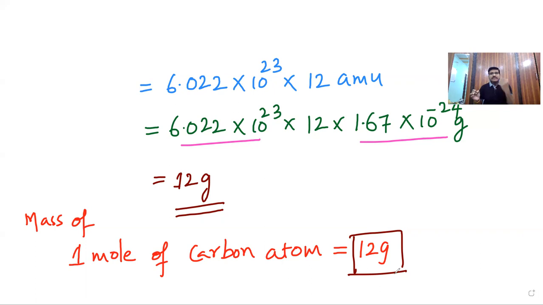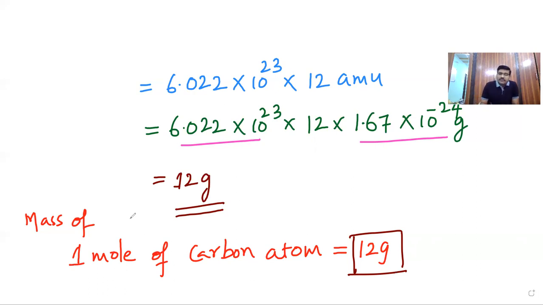Suppose I take the nitrogen atom. The nitrogen atomic mass is 14 AMU. 1 mole of nitrogen atoms is equal to 14 grams.